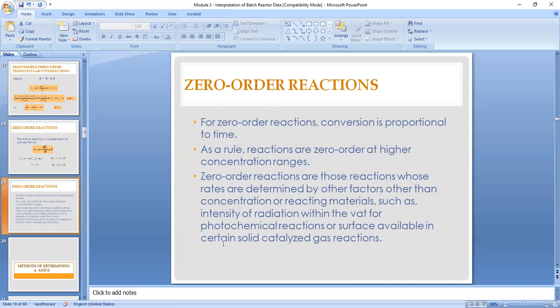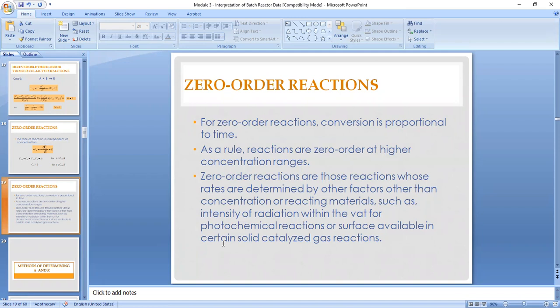For zero order reactions, conversion is proportional to time. Meaning, as time elapses from the start of the reaction, conversion also increases. So over time, as time proceeds, conversion is increasing until it reaches 100% or 1.0. Now, as a rule, reactions are zero order at higher concentration ranges.